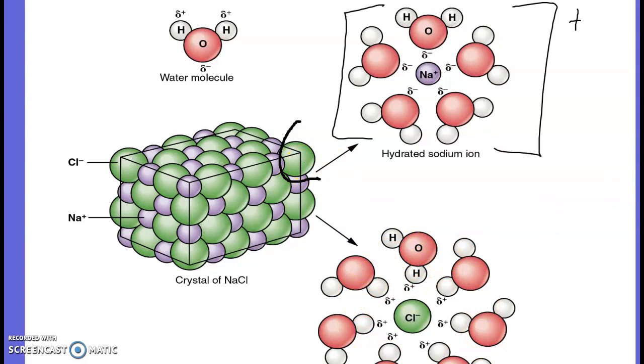Surrounding it with this cell or this bubble of water where the hydrogens, the positive ends, are facing towards the negative ion, the chlorine in this case, making this whole bubble, this cell, negative. Up here we have the sodium being surrounded by the negative parts of the water pointing to it, making this whole thing a positive ion floating in the water, right?